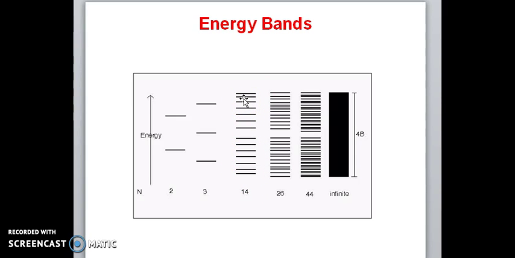This is what causes the quantum confinement effect we have seen in quantum dots. Smaller dots have fewer atoms, and larger ones have more atoms, and the energy gap reduces. So smaller dots need higher energy, that's why they emit blue radiation, and larger ones need less energy, so they radiate red light.